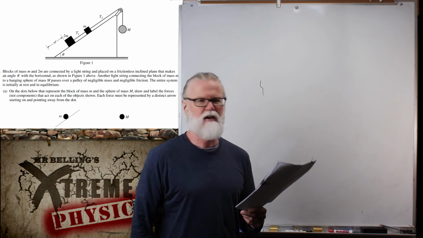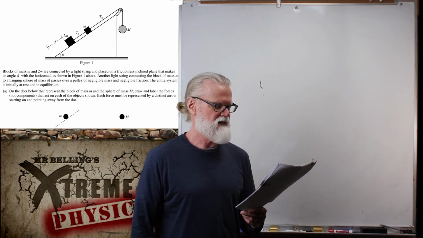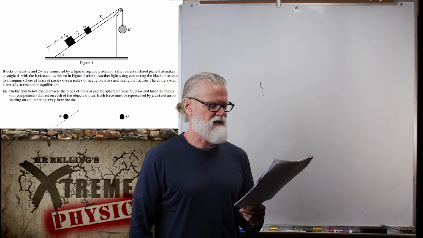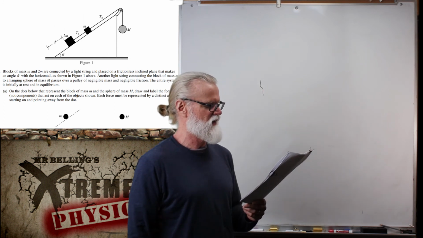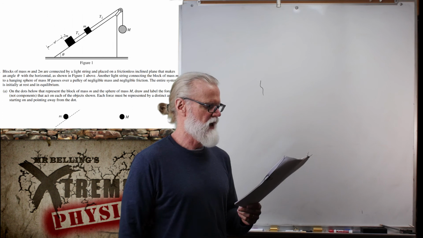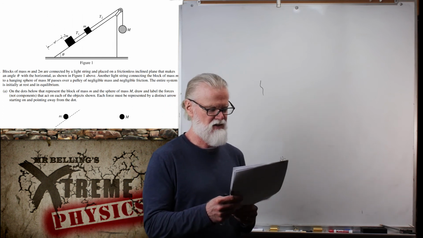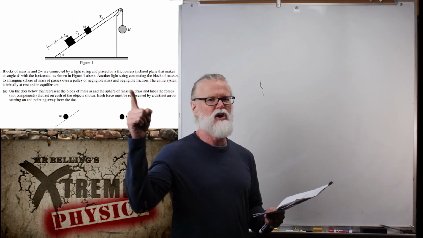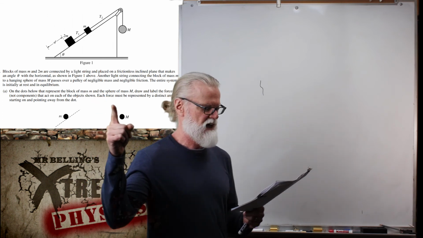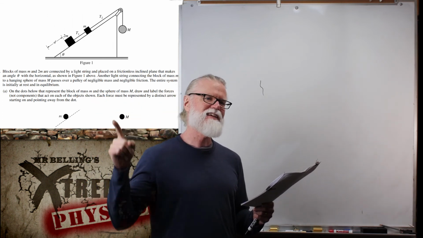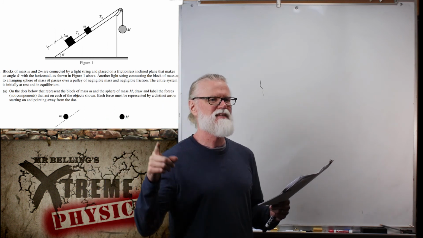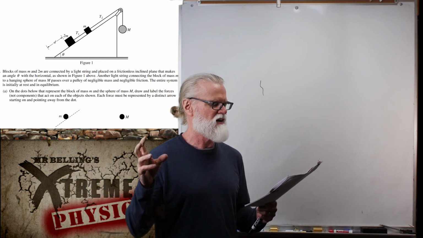Another light string. Okay, no inertia, no weight. Connecting block of mass M to hanging sphere capital M. Passes over a pulley of negligible mass. No rotational inertia. All right, so that means that T2, the tension on T2, is the same as the tension on capital M, the sphere.